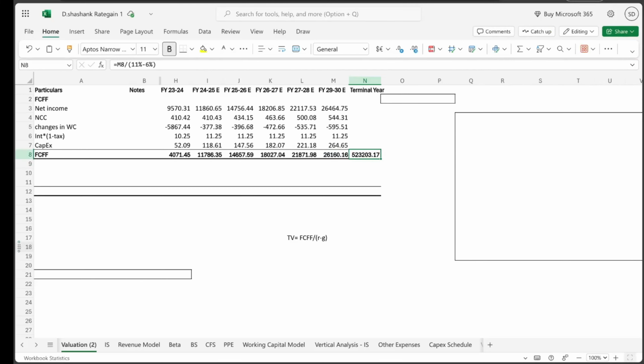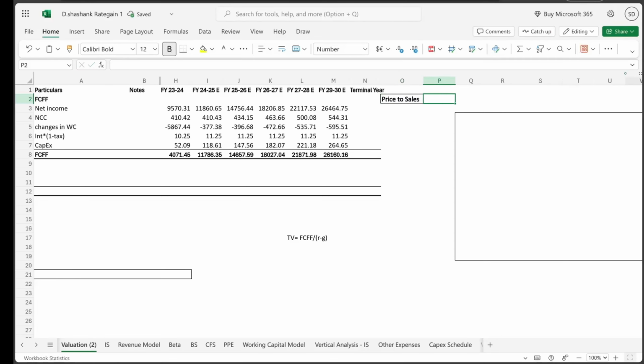The problem with this method is that in industry no one uses the perpetual growth method. In industry people usually use EBITDA into any multiple, or, let's say in a SaaS business, the relative multiple is price to sales, right?